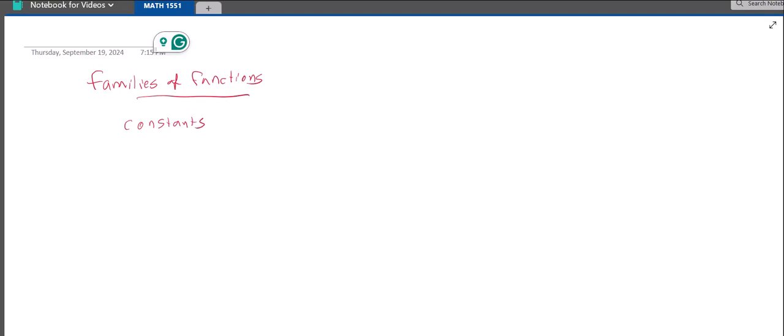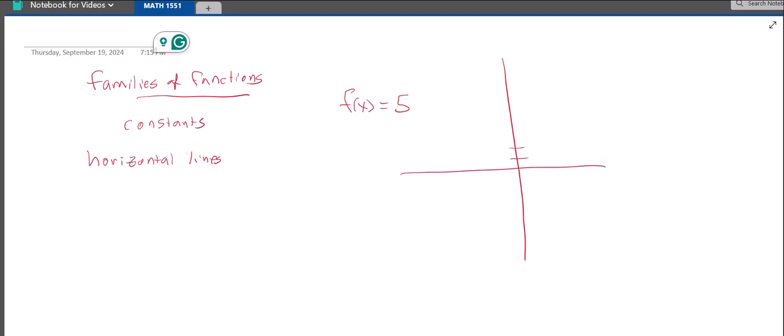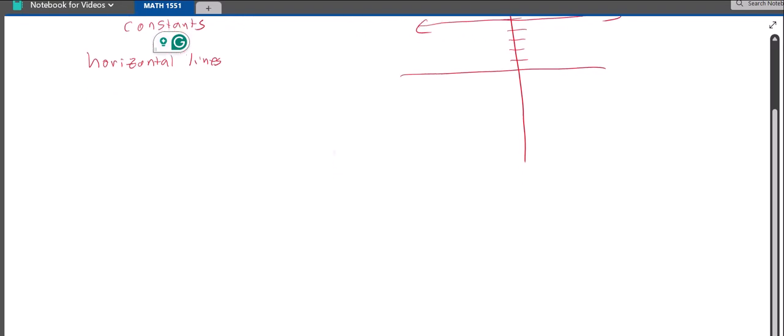So those are just horizontal lines. So if I have the graph f of x equals 5, that's just the horizontal line at 5. So you need to make sure you know how to graph constants.